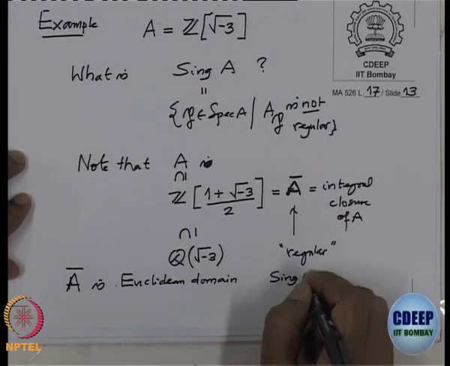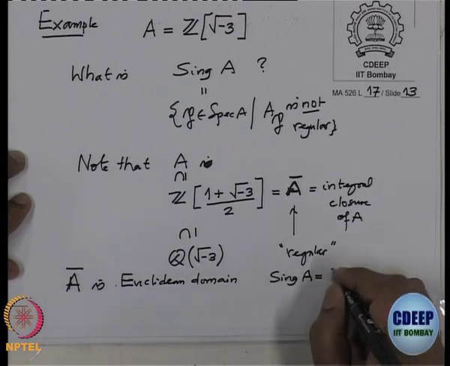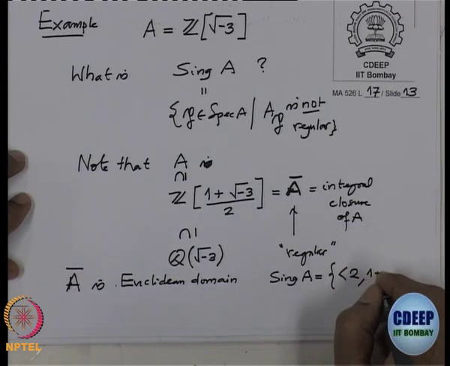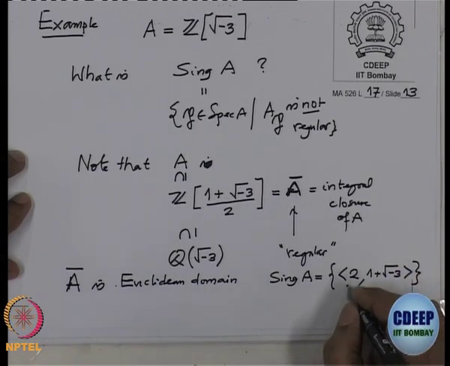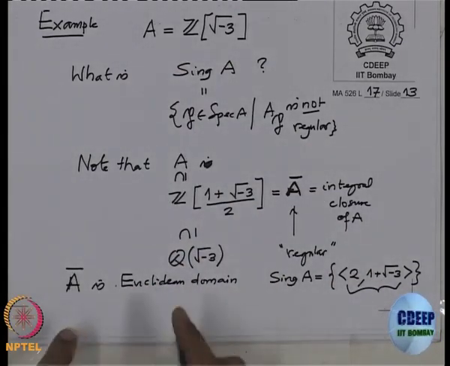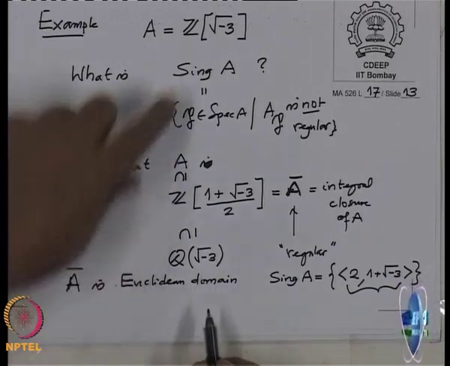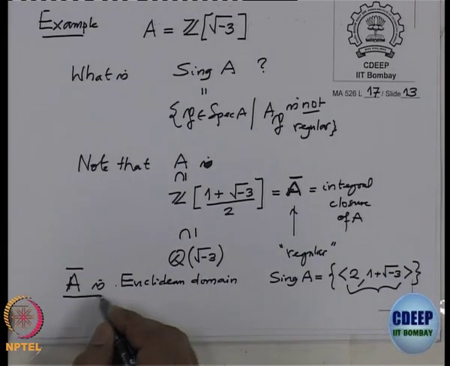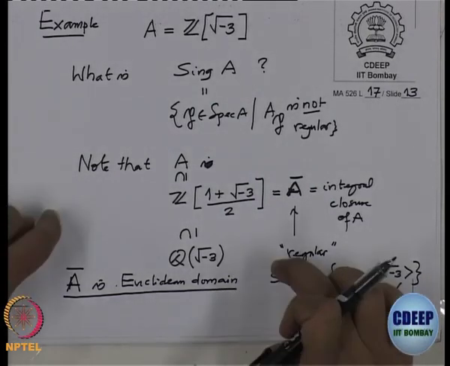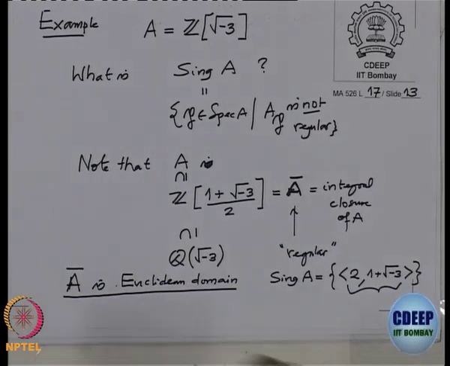Sing A is precisely only one point, namely the ideal generated by 2 and 1 plus root minus 3. We check that this is a prime ideal and this is the only prime ideal. When you localize there, it becomes non-regular. Others are regular. This is not too difficult to check, but it will be very handy for you if you use this. Okay, so I will leave it for you to check this. This is an interesting calculation. Okay.